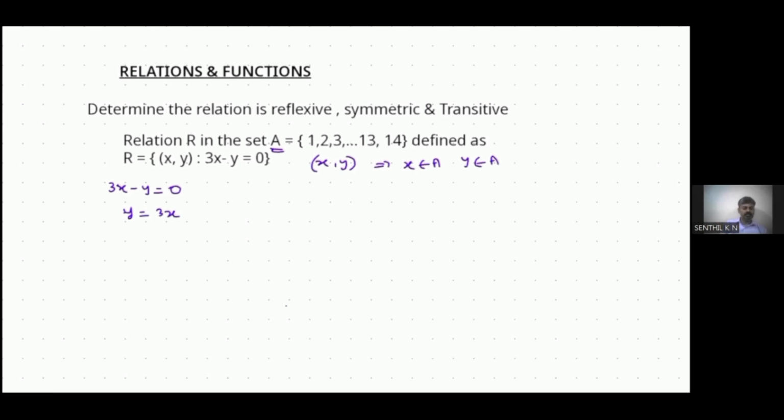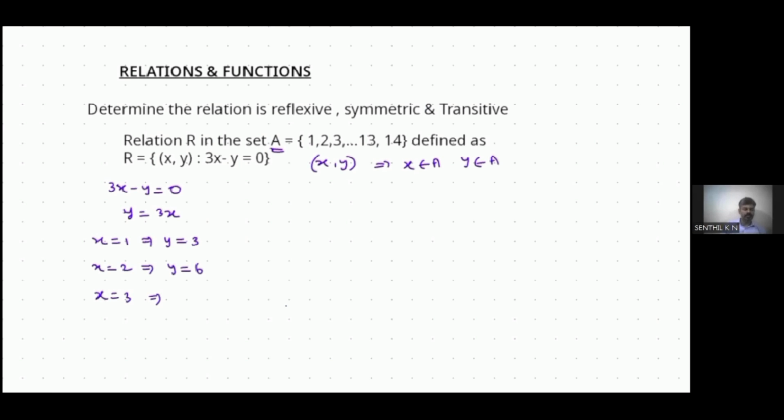First, x equals 1. What about y? 3 into 1 is 3. So (1, 3) is one of the elements of R. Like that, x equals 2 means y equals 3 twos, which is 6. If x equals 3, then 3 into 3 is 9, so y equals 9.